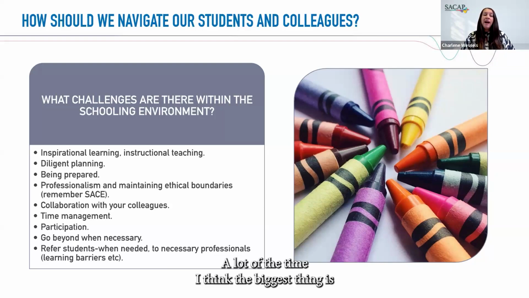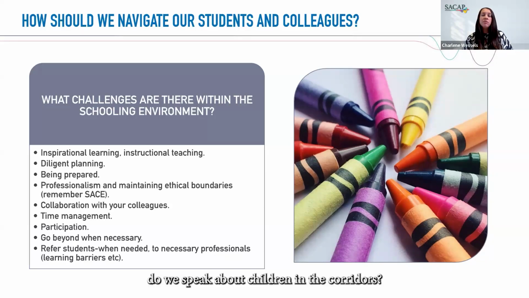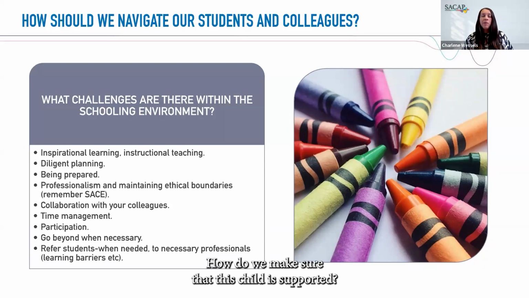A lot of the time, I think the biggest thing is we don't always know, do we speak about children in the corridors? It does happen in some instances. How do we help the child? How do we make sure that this child is supported? How do we make sure that our colleagues are supported?